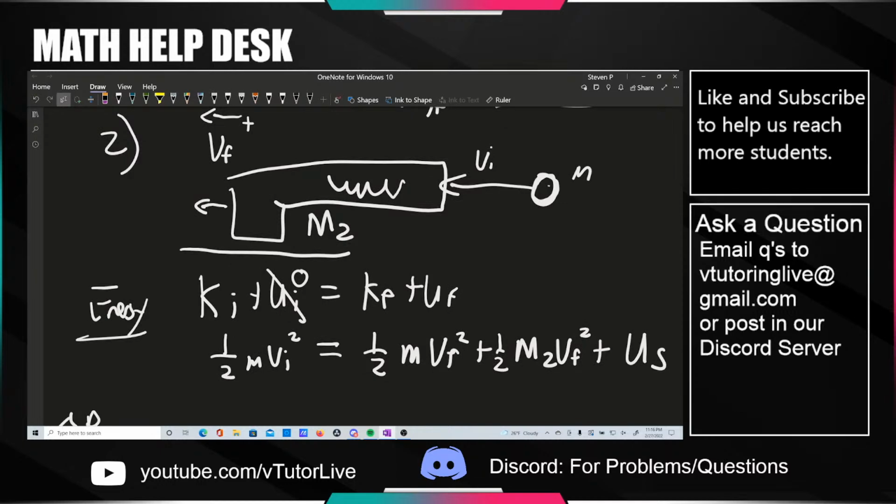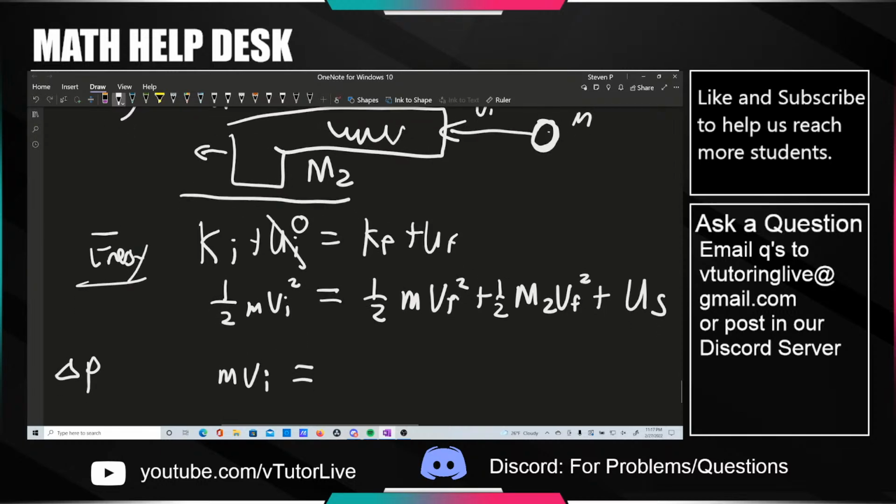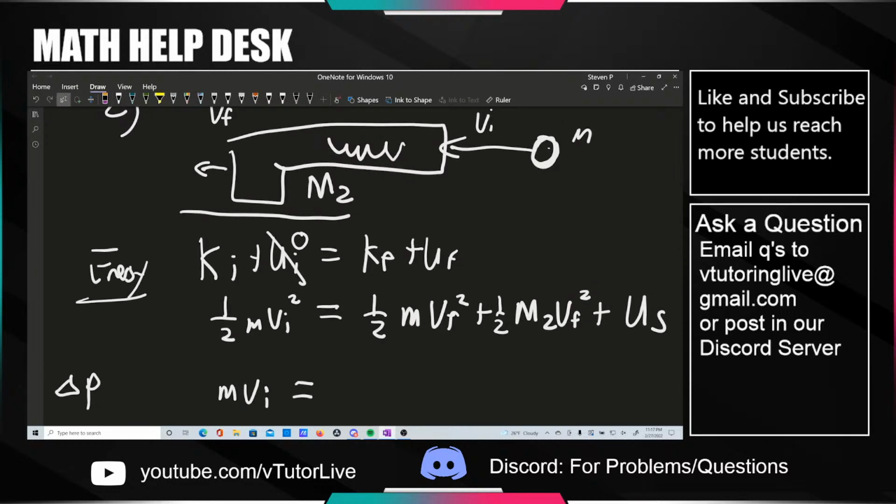Sound good? Okay. So conservation of momentum tells us that m times vi is equal to m times v final plus big M2 times v final.